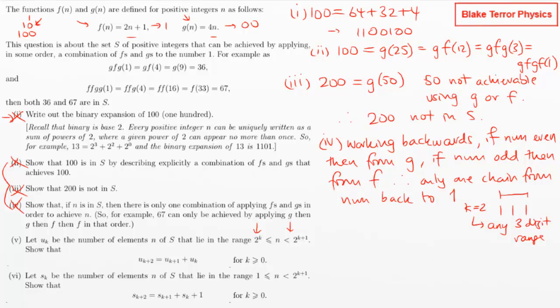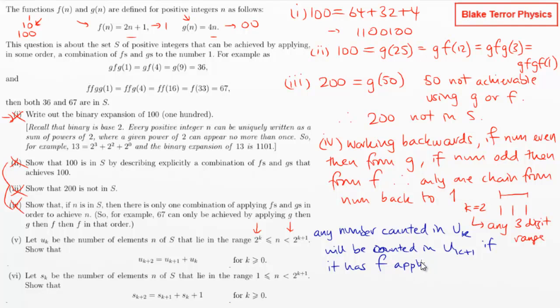So, right, let's try and think this through. Any number counted in UK will be counted in UK plus 1 if it has F applied to it.